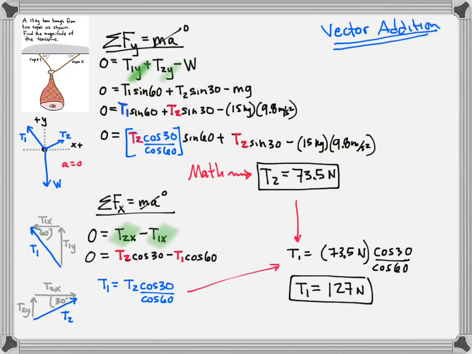I just want to take a second and look at how vector addition would work out for something like this. If we add our vectors, so we start with weight down, and then from there we add tension 2, and then from there we add tension 1, something interesting happens here.